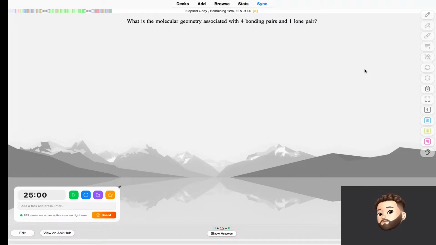Anyways, four bonding pairs, one lone pair. Seesaw, 90, 120, 180.